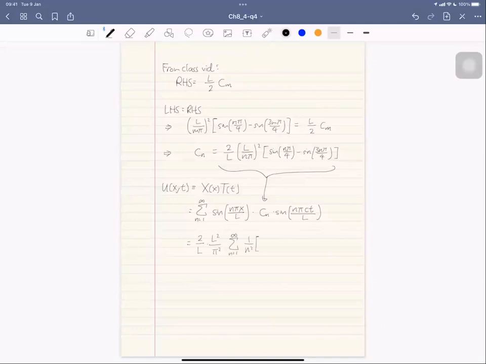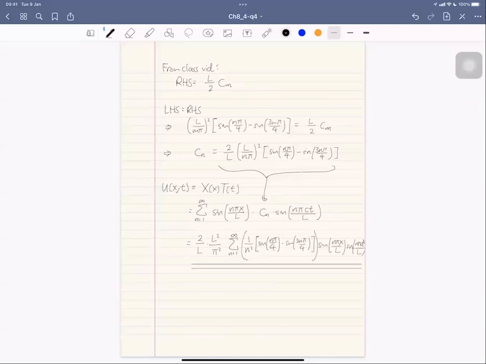So we have this, so sine n pi over 4 minus sine 3n pi over 4. So this whole thing is the cn, and we have sine n pi x over L times sine of n pi ct over L. So I'll put the brackets over here just to signify that is the original cn.